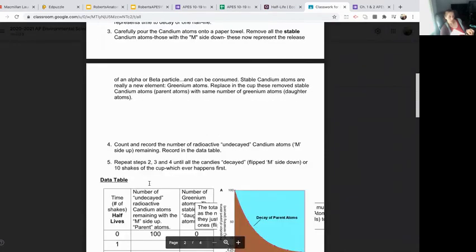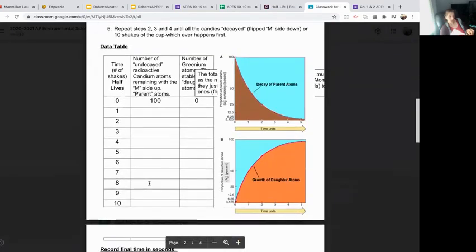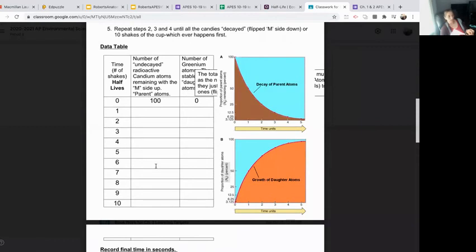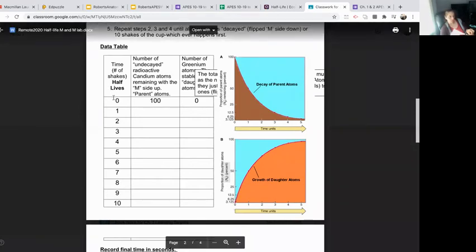Then you are going to start shaking all of your atoms and filling this out. I am going to be jumping in and out of rooms to hear you reading and to answer any questions. It usually takes about 5 minutes to get through 10 half-lives.